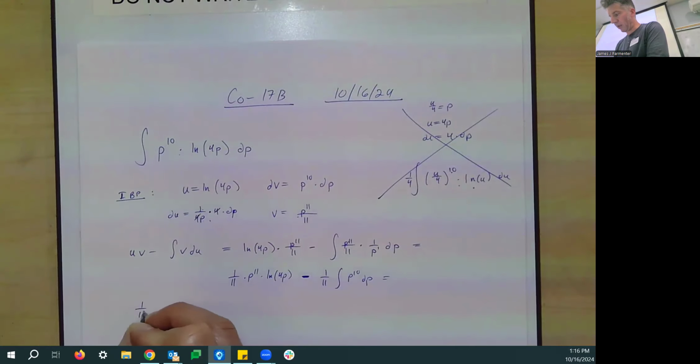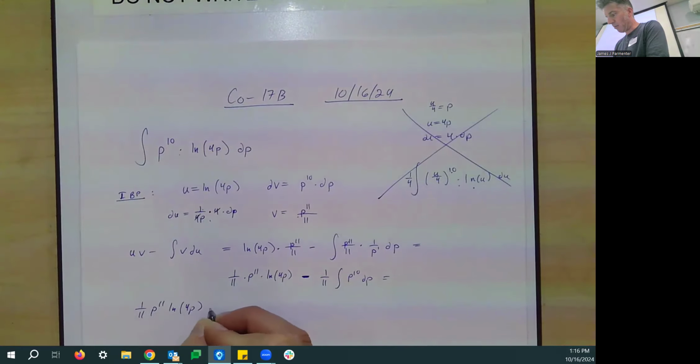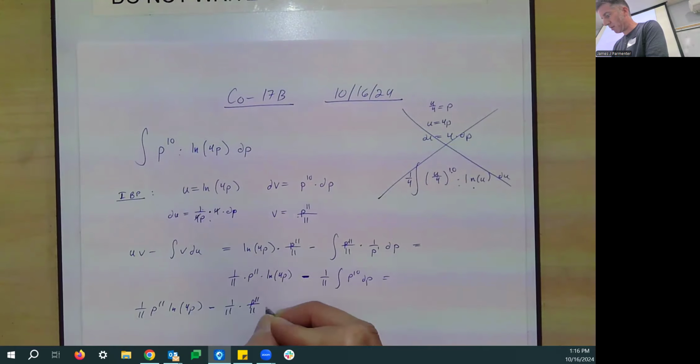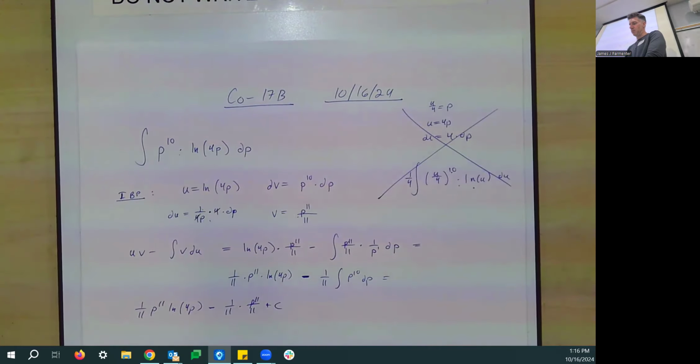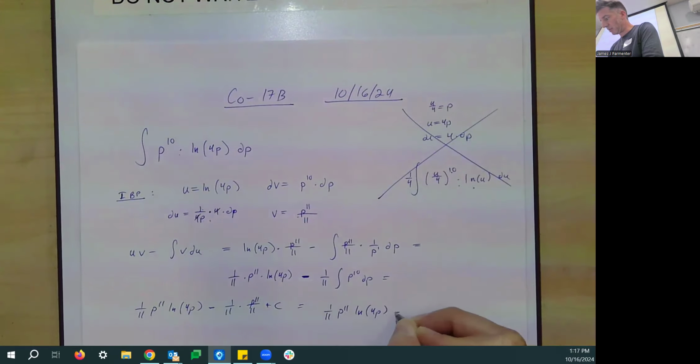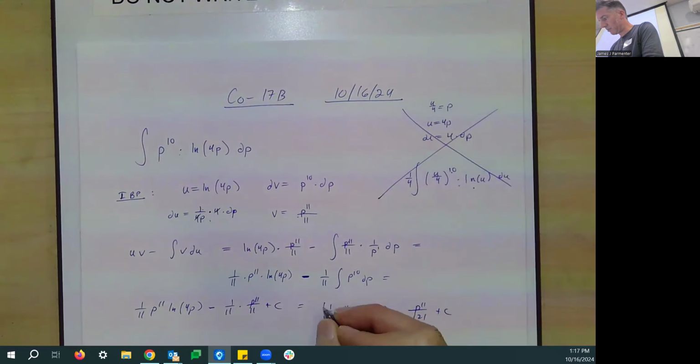We're going to get 1 over 11 times p to the 11th times natural log of 4p minus 1 over 11 times p to the 11th over 11 plus c. And then if you wanted to simplify this one step further, you could say it's 1 over 11 p to the 11th natural log of 4p minus p to the 11th over 121 plus c.